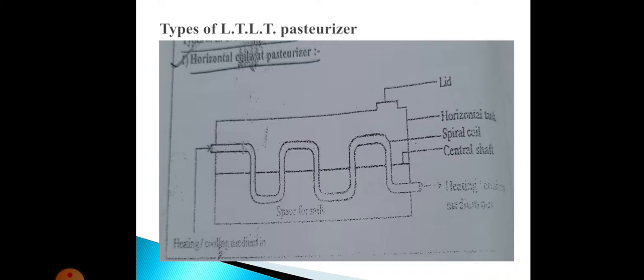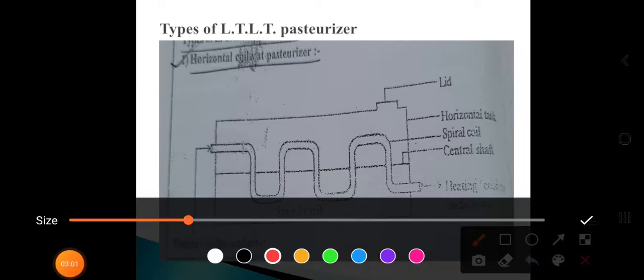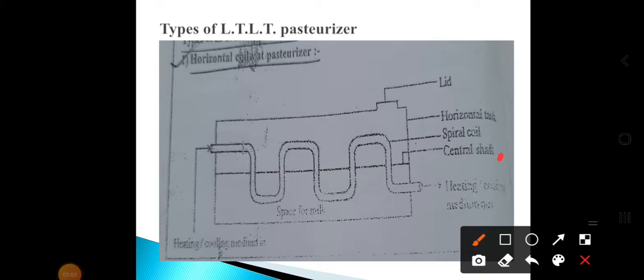So in this method the heating and cooling medium get into the spiral coil, and then the outlet of this heating and cooling medium is here, and this is the space for the milk.